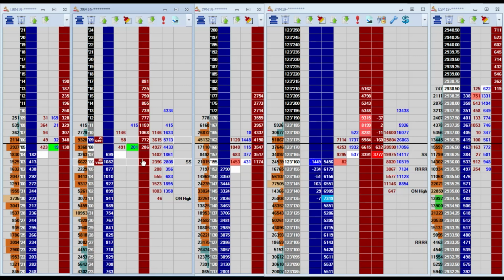I mean, I could definitely see this dropping all the way in. I don't want to lose 3 ticks on this. That's falling in, 2 ticks over here. This is not good.